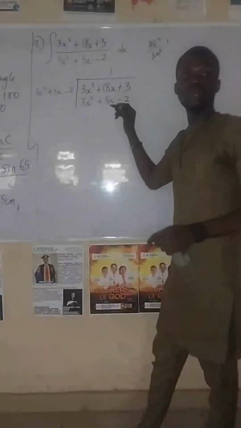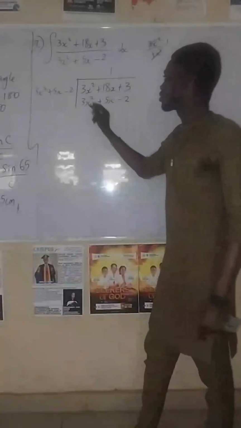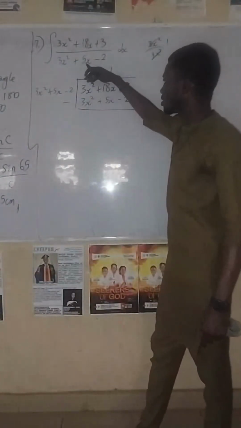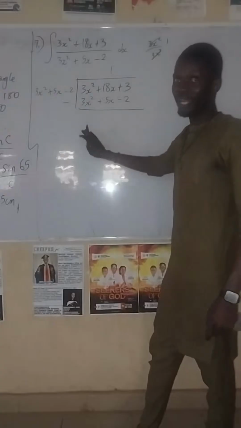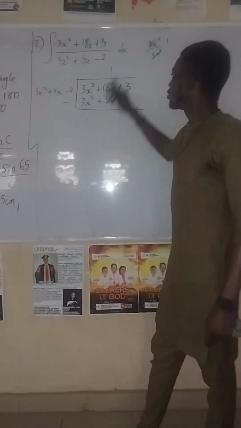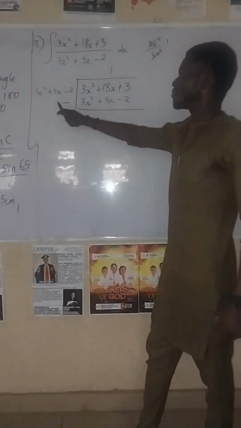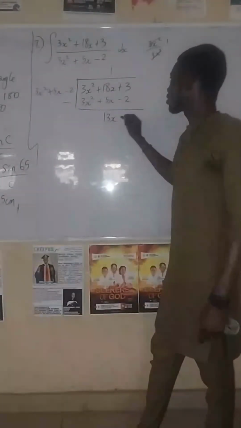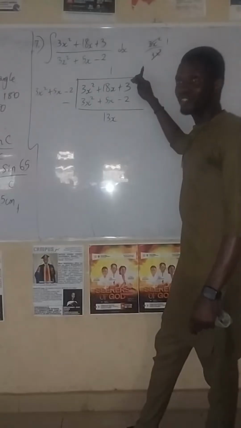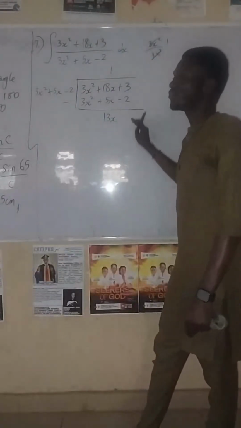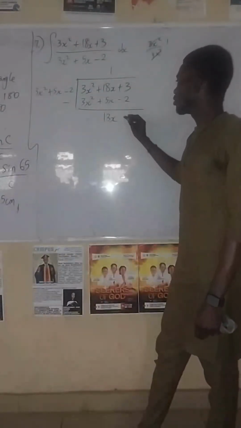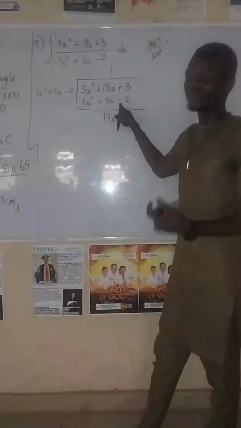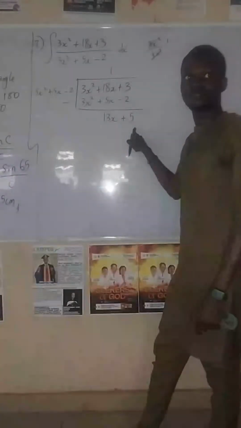Now subtract: 3x squared minus 3x squared is 0. 18x minus 5x gives 13x. Then 3 minus negative 2, minus becomes plus, so that's 3 plus 2, that's 5.